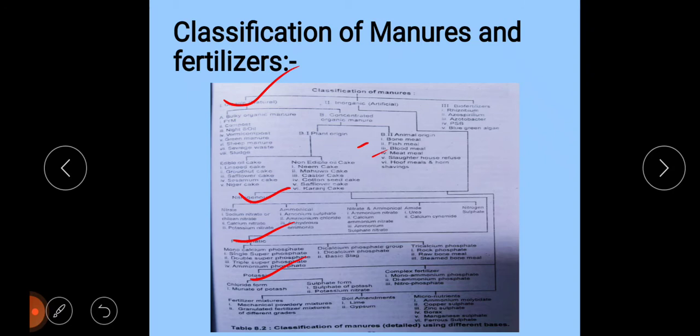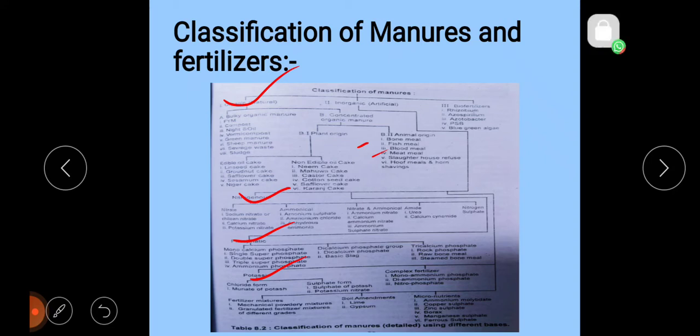Then we discuss the next important part, the phosphatic sources, or phosphorus sources: monocalcium phosphate, dicalcium phosphate, and tricalcium phosphate. These are the three distinct sources.